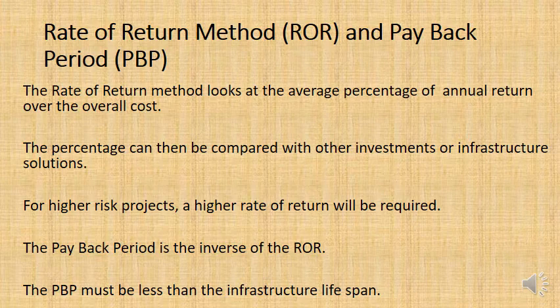Once you have the percentage, meaning your percentage benefit every year, you can then compare it with other solutions, other investments. Now, if it's a very high risk project, you need to have a higher rate of return. So I can make 5% in interest by having money in a bank account in New Zealand. So I have $100 in a bank account, and I go back in a year's time, it's now $105.